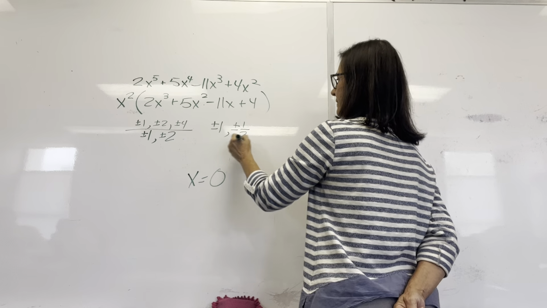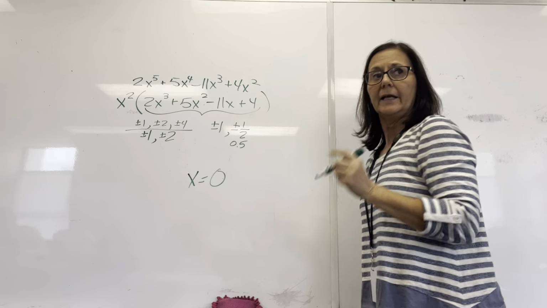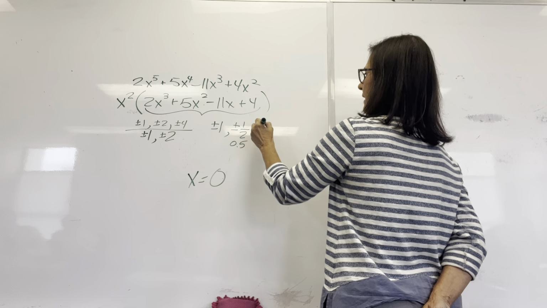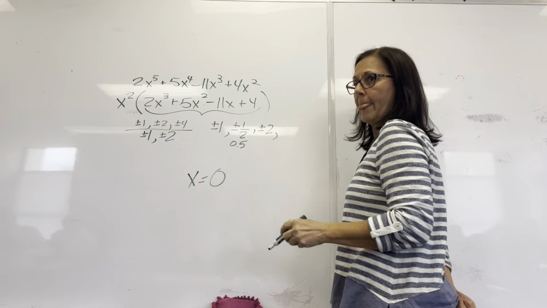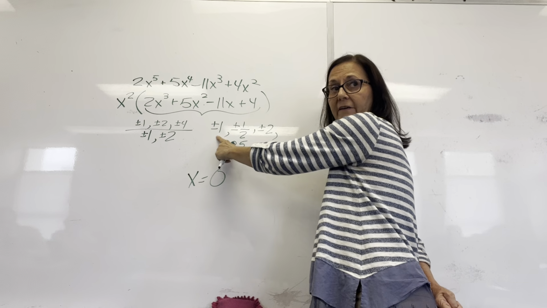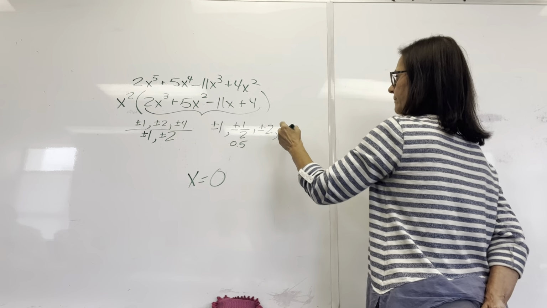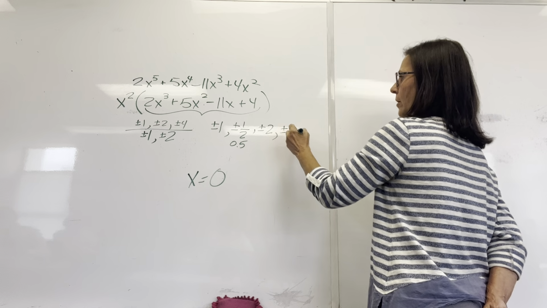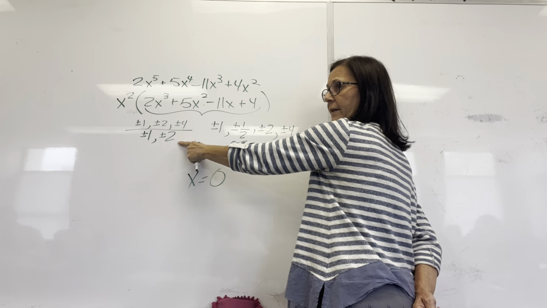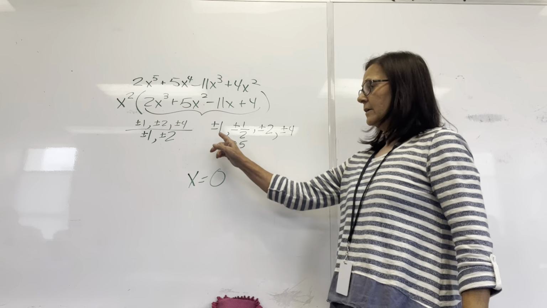And we're only going to plug it into this equation. You got it? All right. 2 over 1 is plus minus 2. 2 over 2 is plus minus 1. We already have it. 4 over 1 is plus minus 4. 4 over 2 is plus minus 2. We already have it.